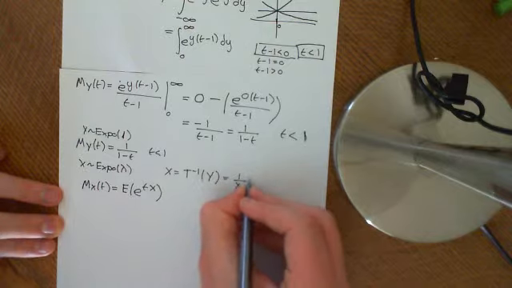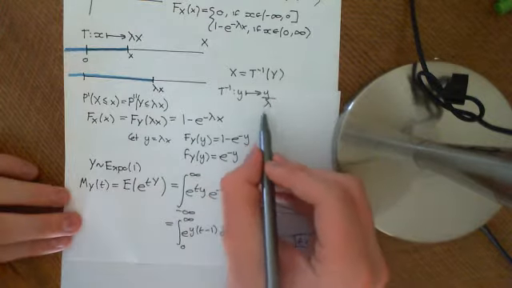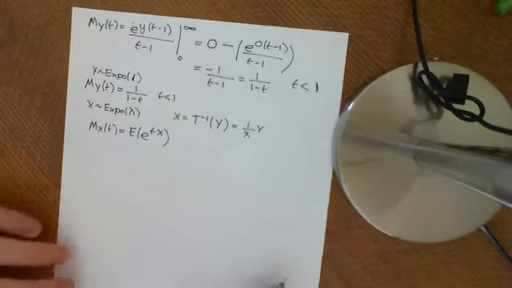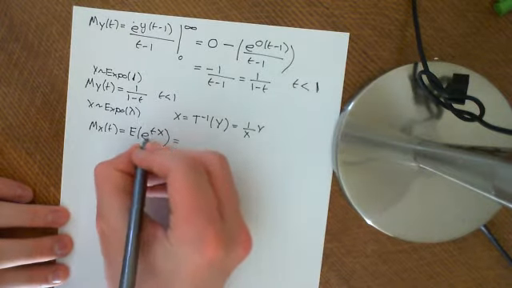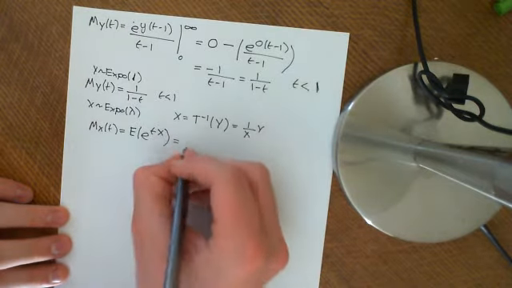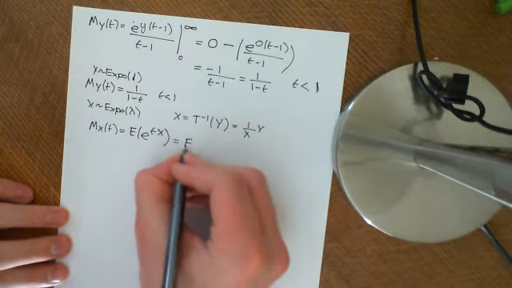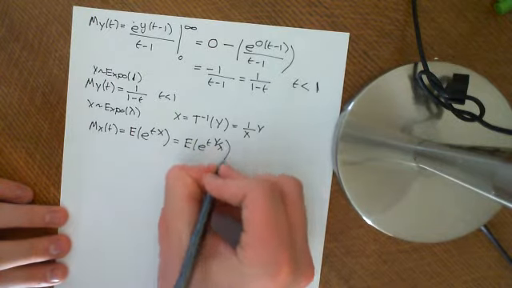So this is 1 over lambda times y, because t inverse was just going to divide every value of y by lambda, so it is the random variable divided by lambda. So that's what x is in terms of lambda and y. So we can replace x with y divided by lambda in this way. So it's the expected value of e to the t y over lambda.